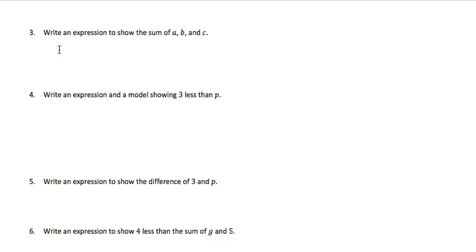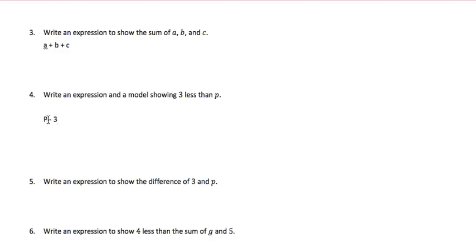Next, we're going to write an expression to show the sum of a, b, and c. So we would have a plus b plus c. An expression and a model showing 3 less than p. Remember, subtraction is not commutative, so it's important that we get the order correct.